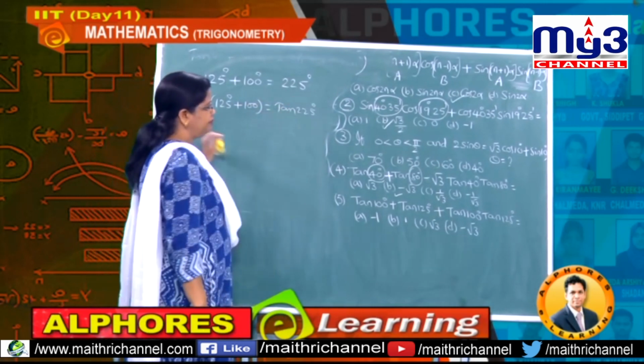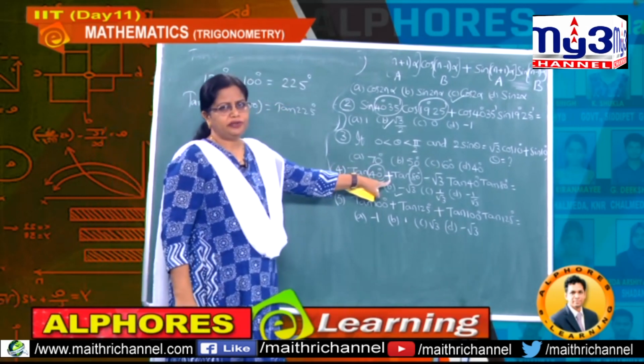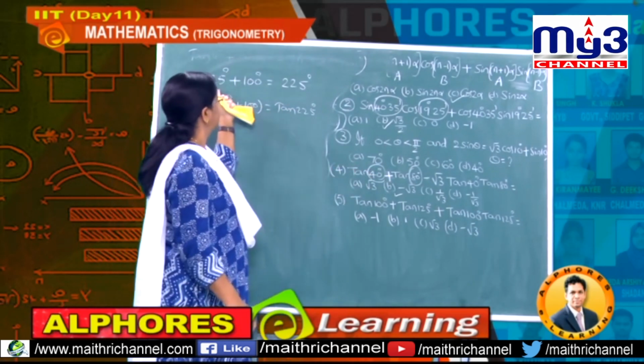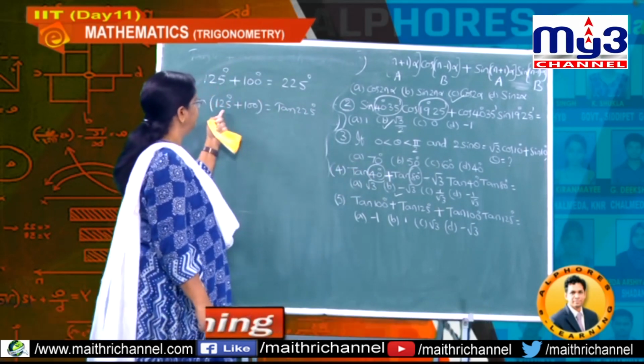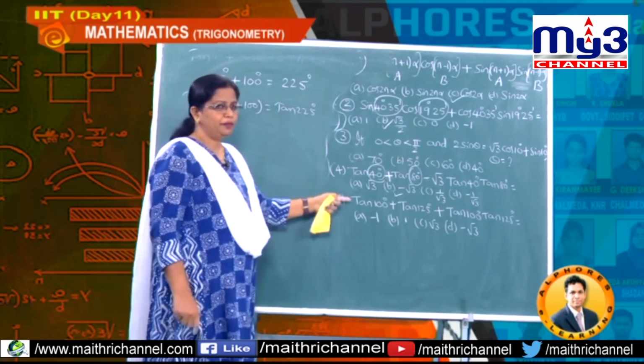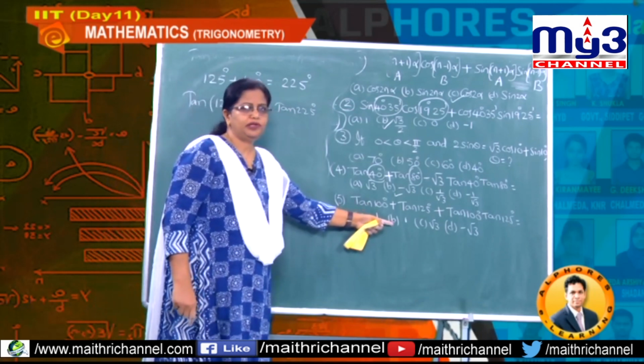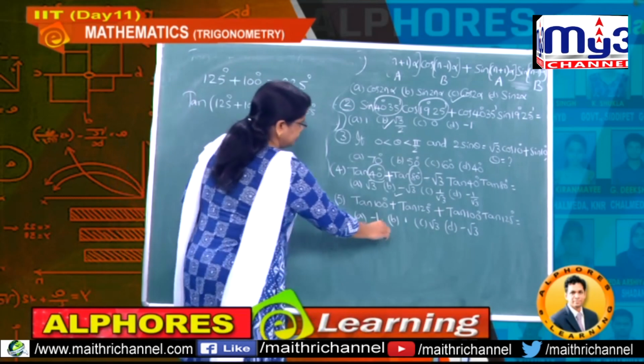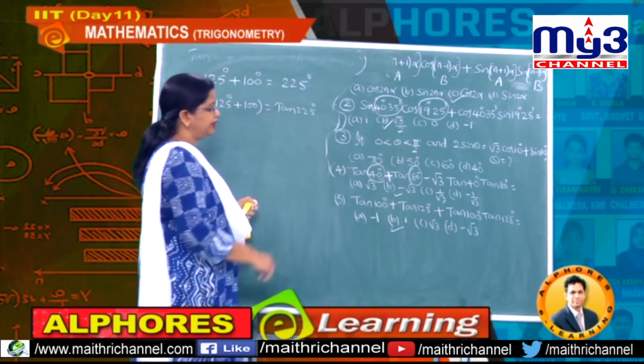As I said, in between plus symbol is there, so you should start the problem by taking the sum of the angles. And now the procedure is the same, so that you can obtain the value as here option B, that is 1. So students, these are some problems which we have done now.